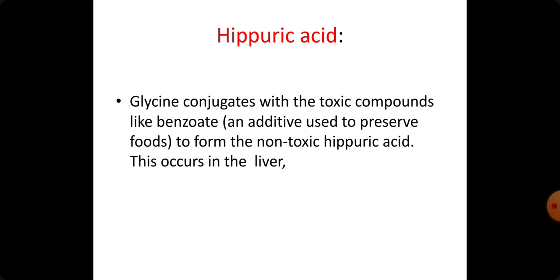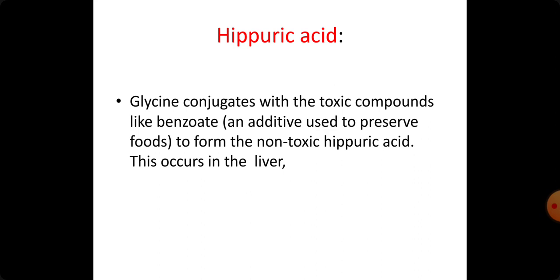Hippuric acid is the conjugated product of glycine and benzoic acid. Glycine conjugates with toxic compounds like benzoate, an additive used to preserve food, to form the non-toxic hippuric acid, which is water soluble and gets easily excreted.